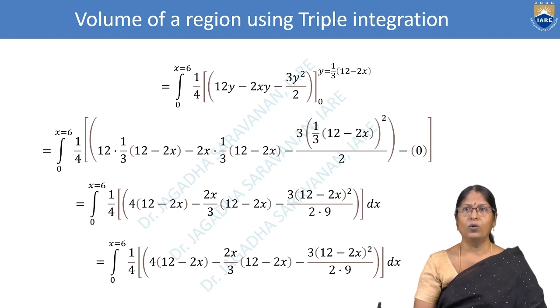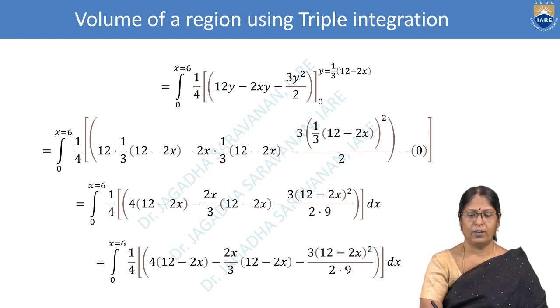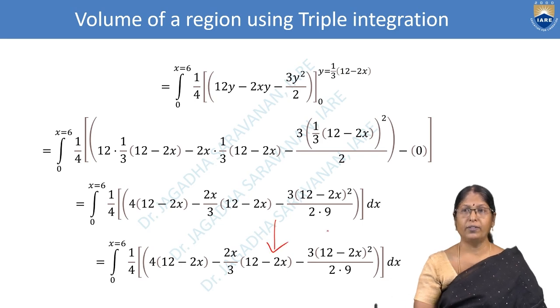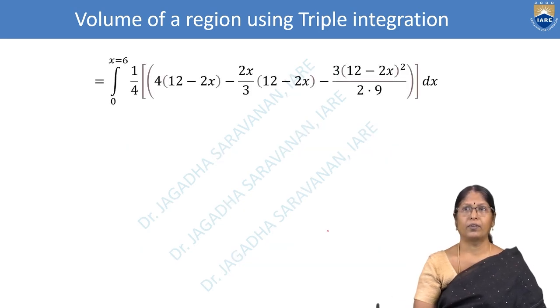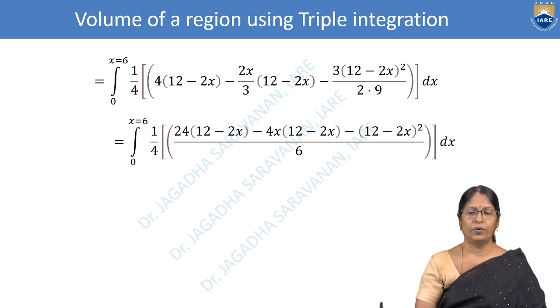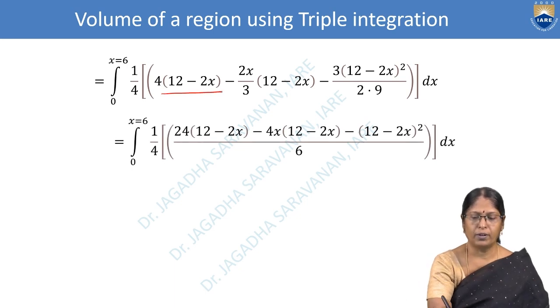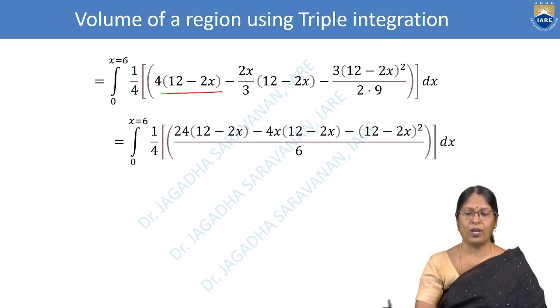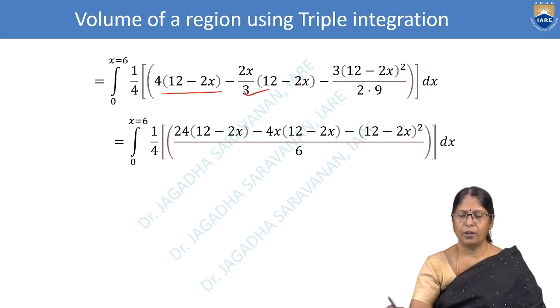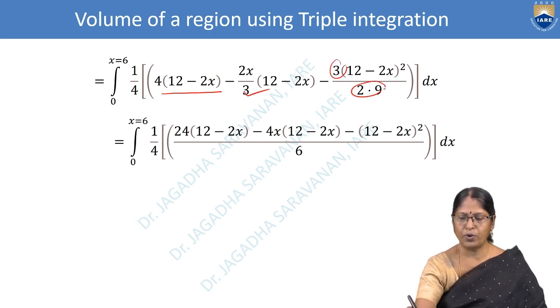Now, if any more simplifications are possible, we can see it. This step is written as it is. Here we can see it divided by 1. Here 3 is there, but down here 18 is there. So cutting, here we are getting 6.